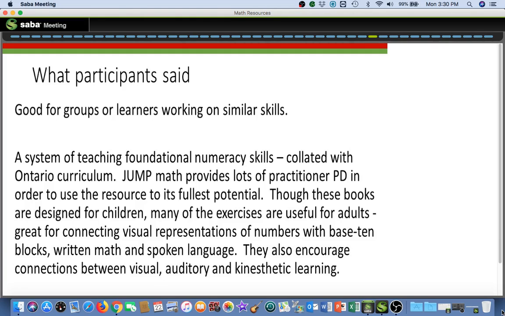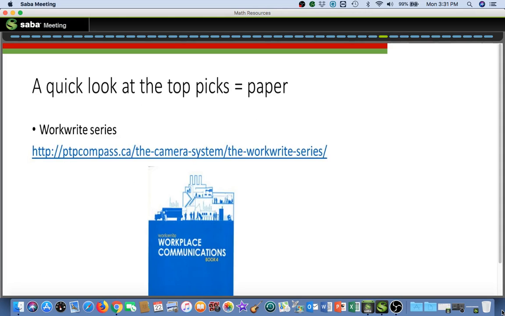Although these books are designed for children, many of the exercises are useful for adults and great for connecting visual representations of numbers with base 10 blocks, written math, and spoken language. They also encourage connections between visual, auditory, and kinesthetic learning. Whoever entered this and supplied it to our survey, I want to thank them for the time that they took and the thoughtfulness of your response. Really appreciate it.